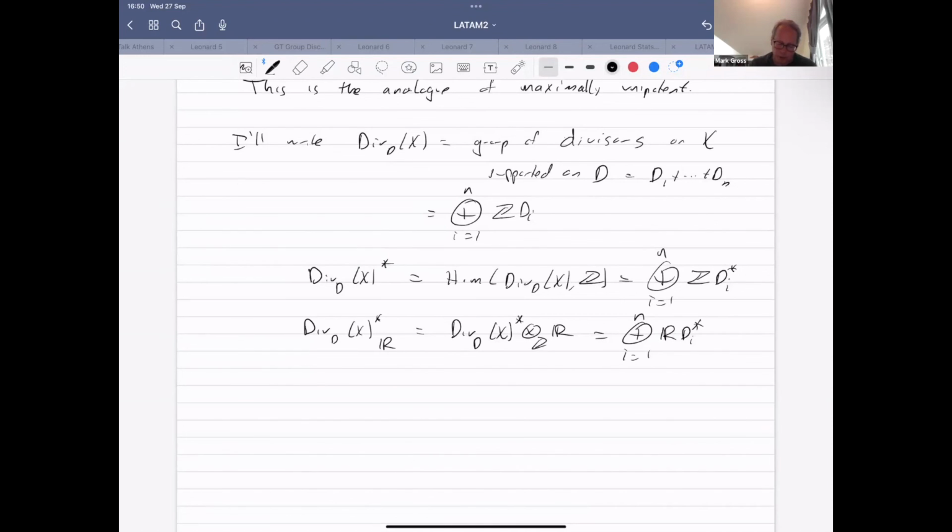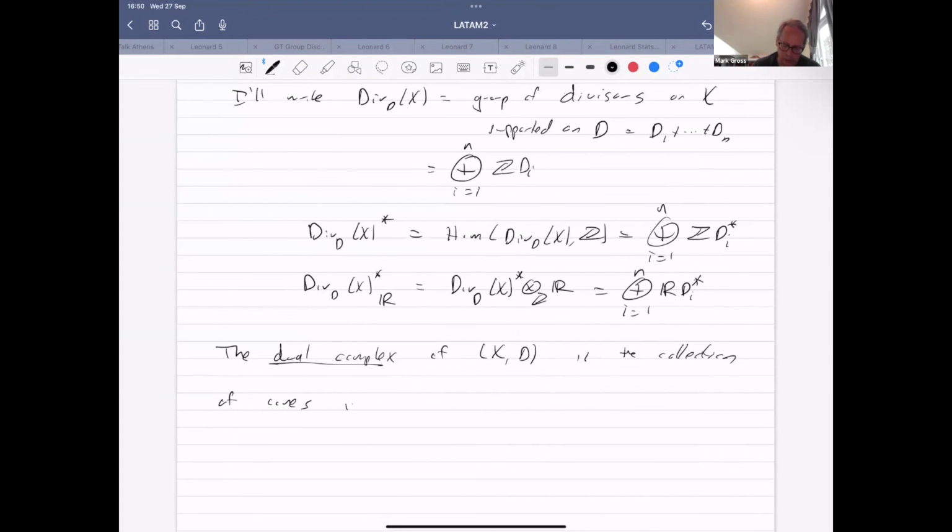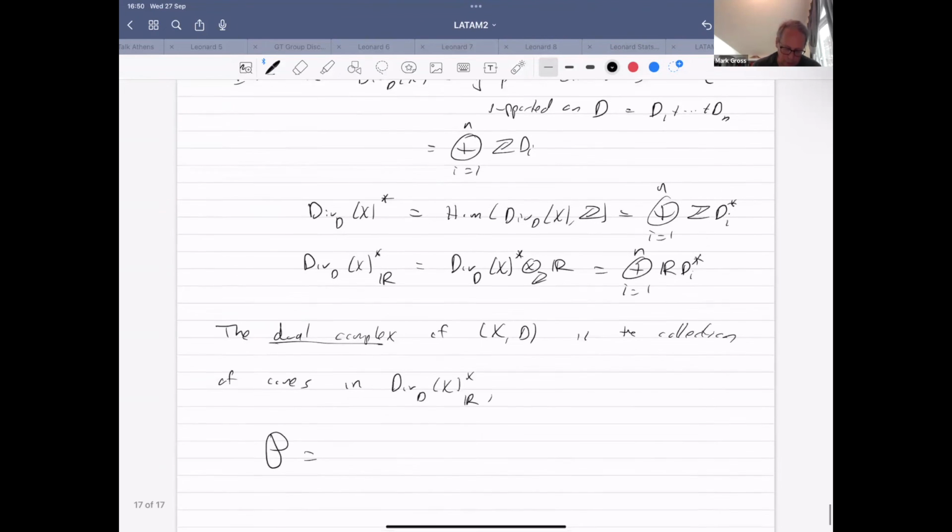Okay, so now I can define the dual complex of the pair (X, D). It is a collection of cones in Div_D(X)* tensor R, which I'm going to write as P instead of sigma.